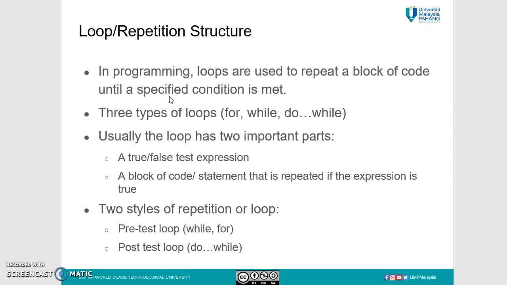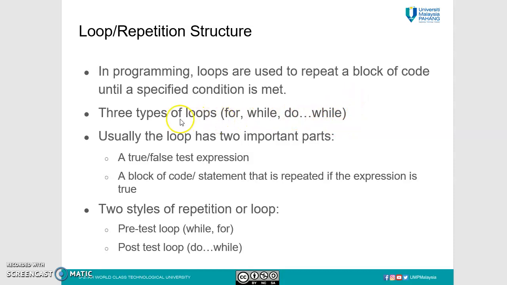Okay, so the basic idea of loop or repetition structure in programming: loops or repetition are used to repeat a block of code until a specified condition is met. And there are three types of loops, which are for loop and while loop, and the third one is do while loop.